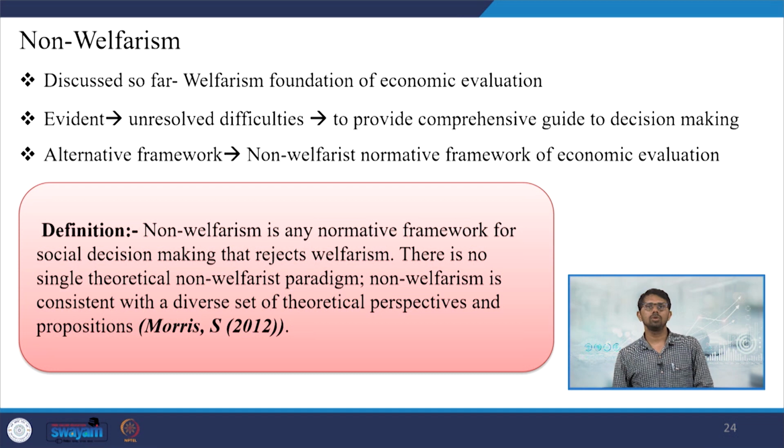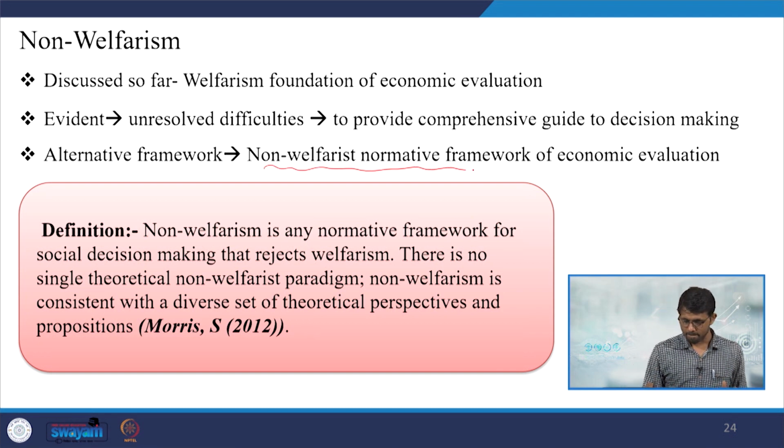Now coming to the issue of non-welfarism, which we have mentioned and promised to explain. So the discussion so far is all about the welfarism foundations of economic evaluation, and it is evident that providing a comprehensive guide to decision making is really difficult. Hence an alternative framework, that is a non-welfarist or normative framework of economic evaluations, is also required.